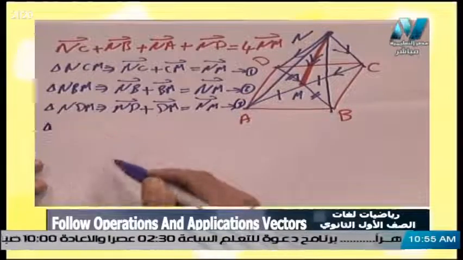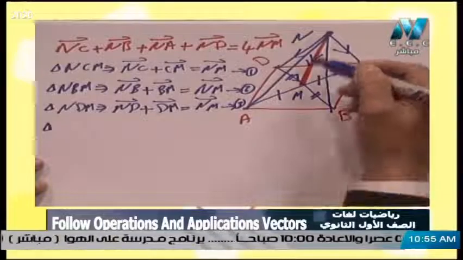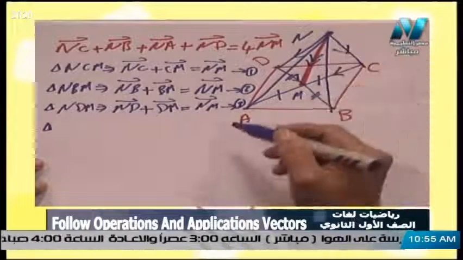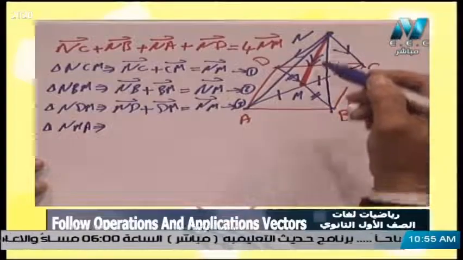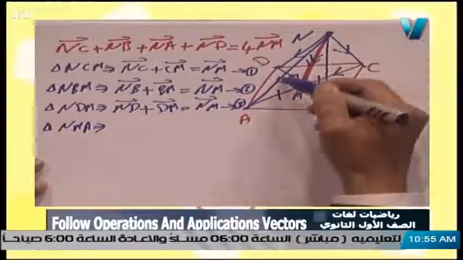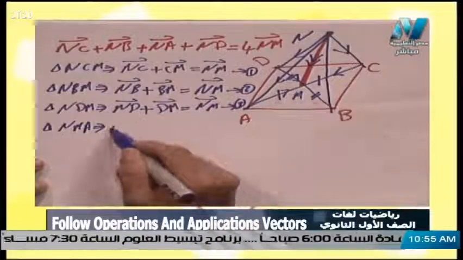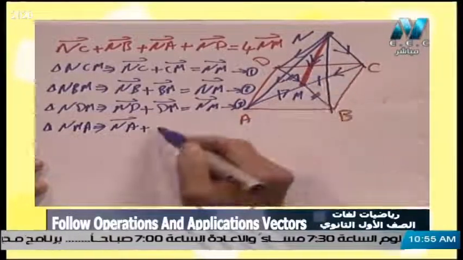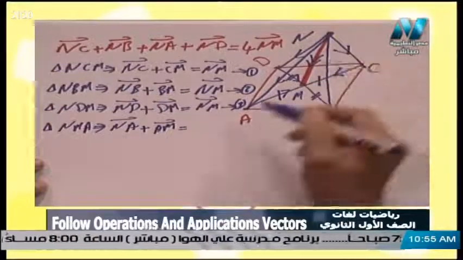We will choose also the last or the final triangle, which is NMA. In triangle NMA, we will find that the vector NA plus the vector AM equals the vector NM also.